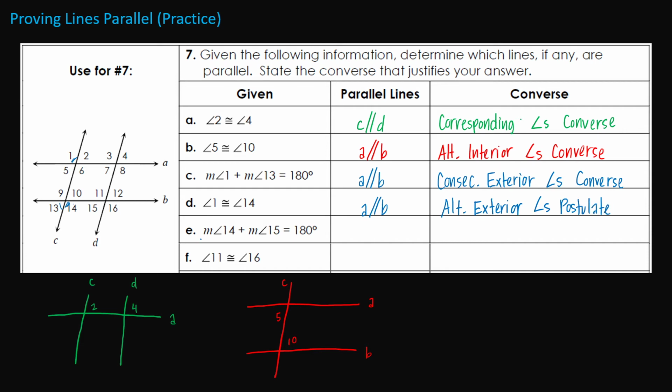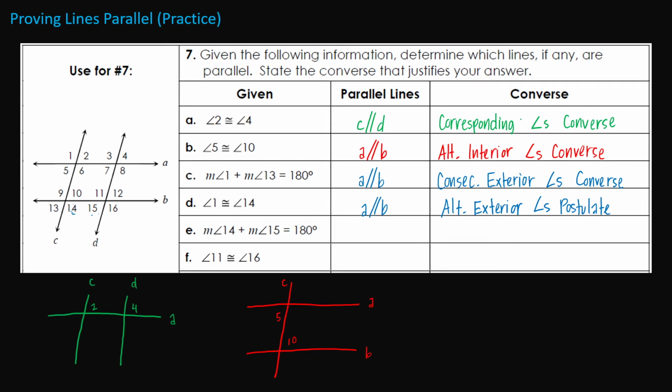Okay, if the measure of angle 14, let me do some erasing here. If the measure of angle 14 plus the measure of angle 15 equals 180, so we're looking at angles 14 and 15 here. If their measures equal 180, that means they're supplementary to each other.